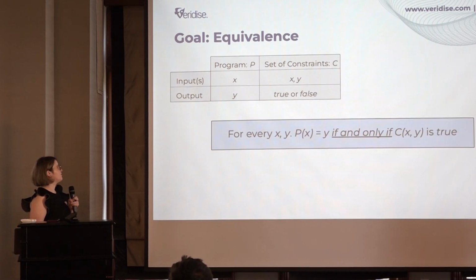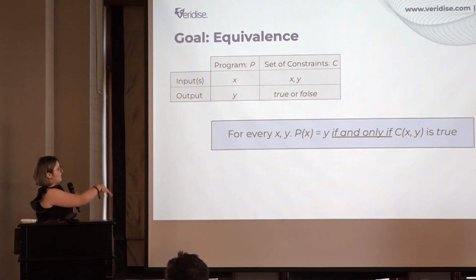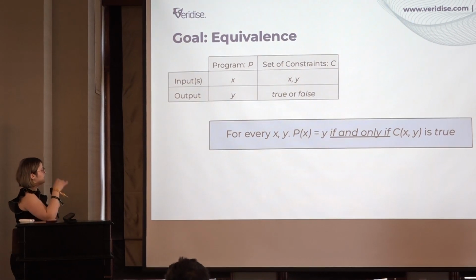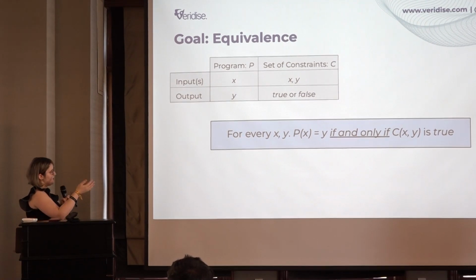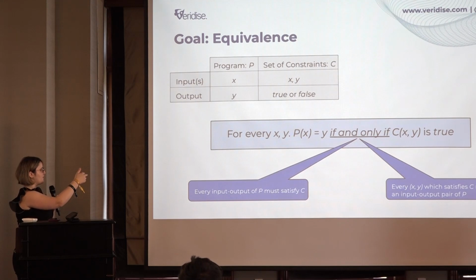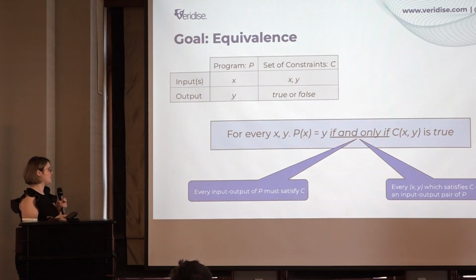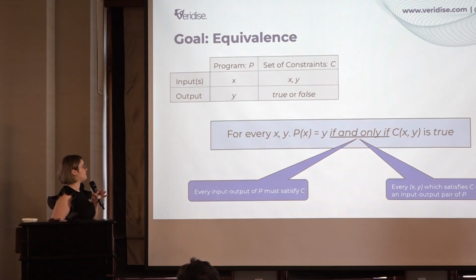And to formally explain what is going on here: for every x and y, P of x equals y if and only if C of x and y is true. And this means that every input-output of P must satisfy the constraints, and every xy pair which satisfies C must be an input-output pair of P. So this is what we mean by equivalence.